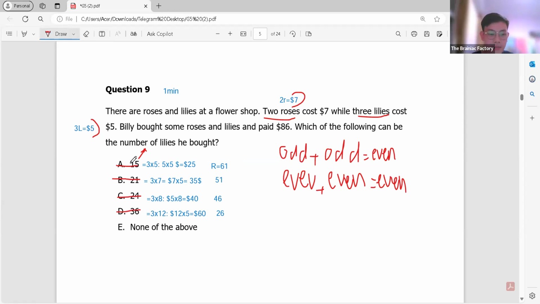So from A to D there's no number that can be the number of lilies, so our answer is E. Please tell me if you have any questions, because this one is a bit confusing.